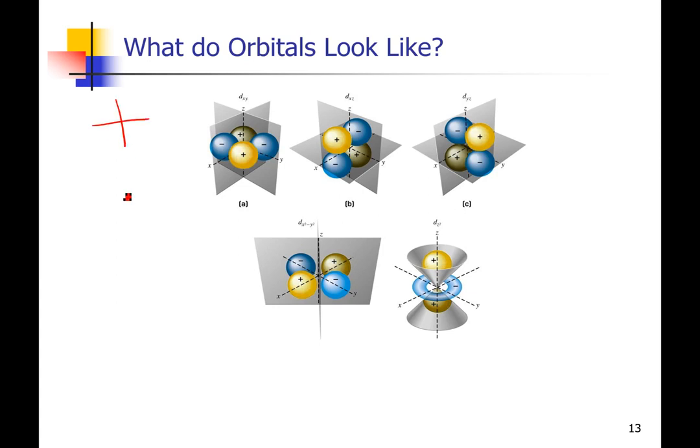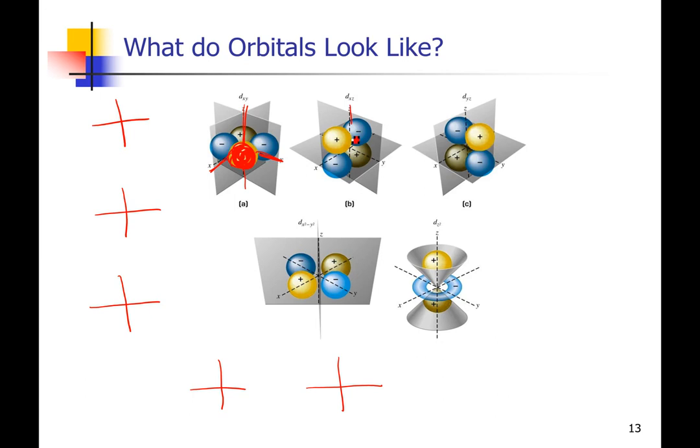1, 2, 3, 4, 5. You can see that 3 of the d orbitals have the lobes pointing between the axes. So the dxy has this lobe here that's kind of in the middle of the x and y axes.